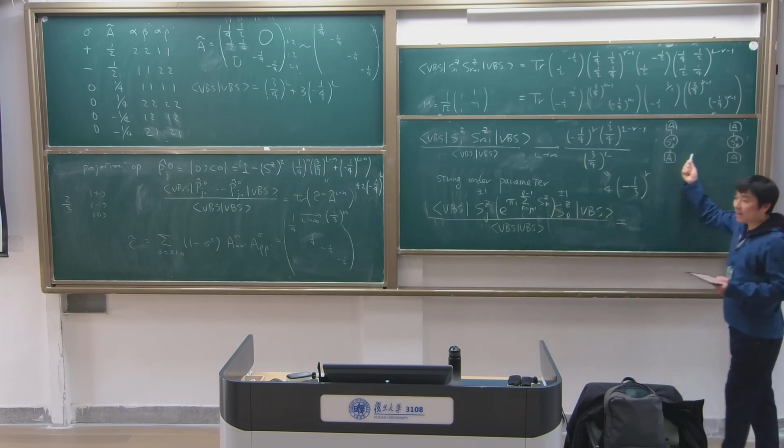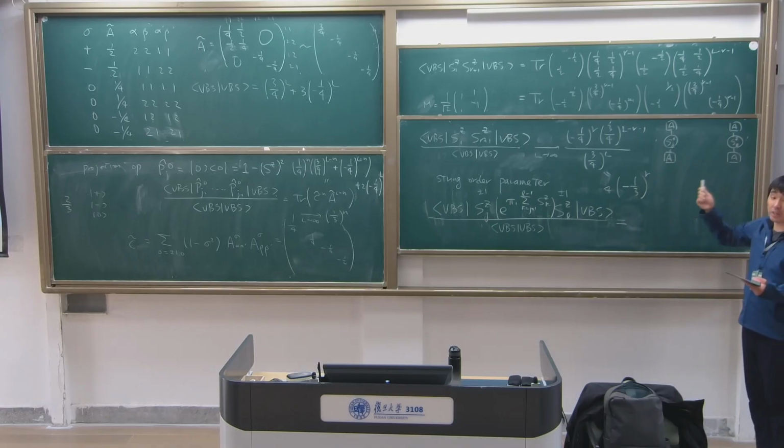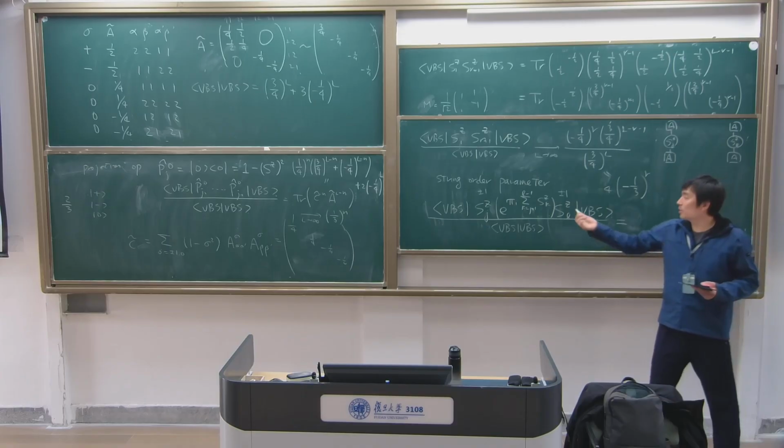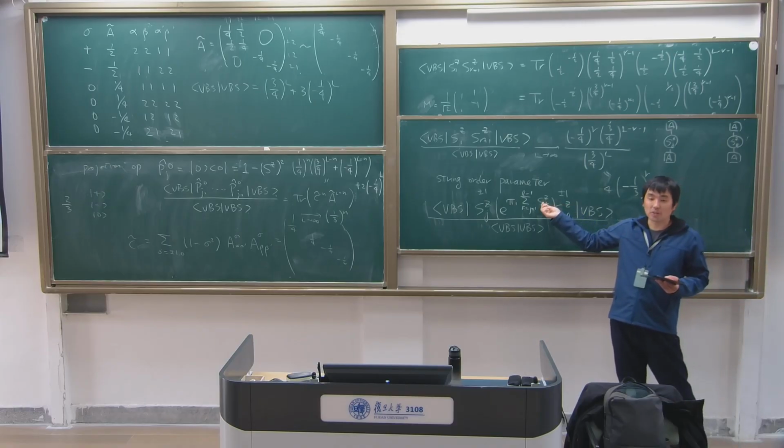But we know that if we have a hidden antiferromagnetic order, the number of plus and the number of minus should be equal. And also in the middle, even if we have a 0, there's no contribution.